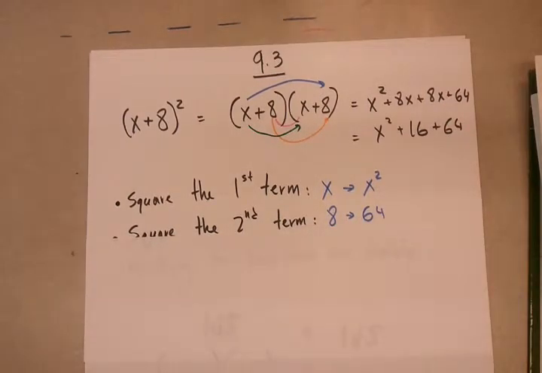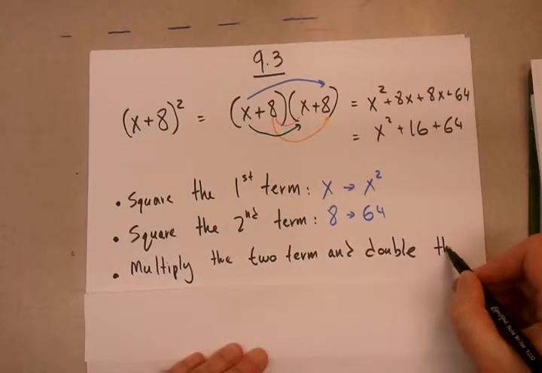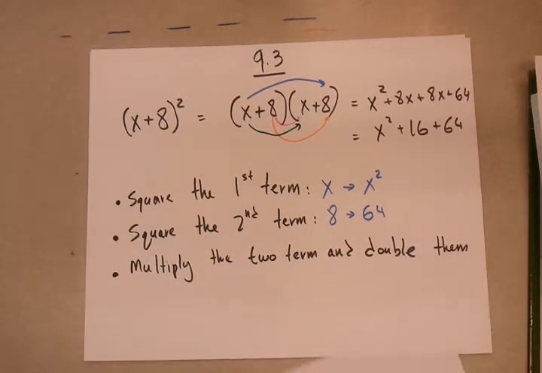Third step, this is the slightly more difficult step of the 3, is multiply the two terms and double them. So what does that mean? My two terms are x and 8, so I just told you multiply them.